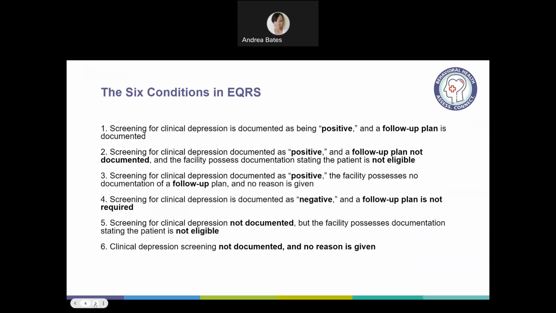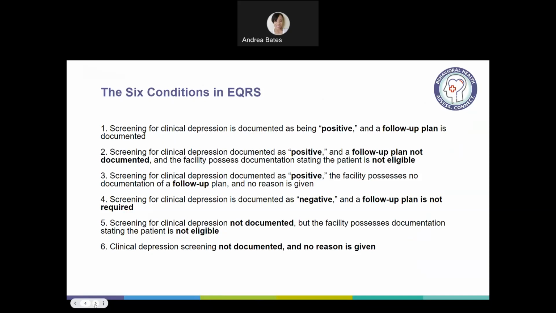So the first condition is screening for clinical depression is documented as being positive and follow-up plan is documented. Followed by condition 2, which is also a positive screening, but a follow-up plan is not documented and the facility has documented the patient is not eligible.